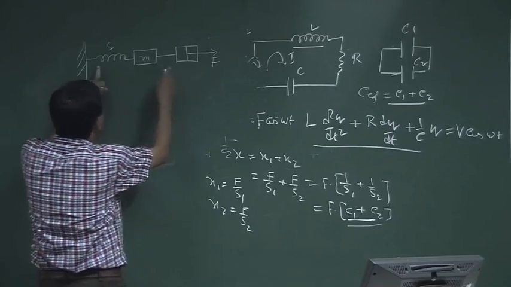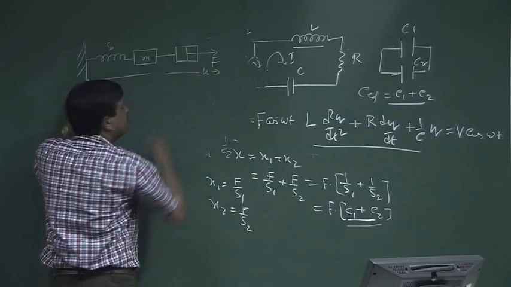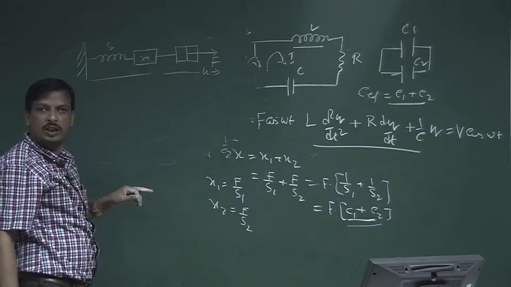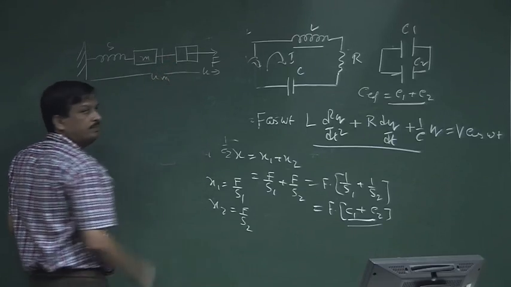If I see the two systems, let us say this is one system and this is another. So, this will be u here, and in this system let us say um here.